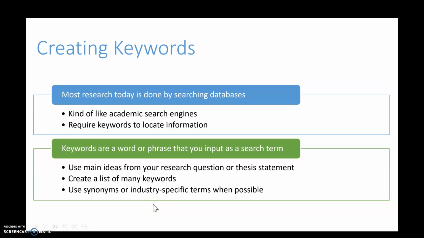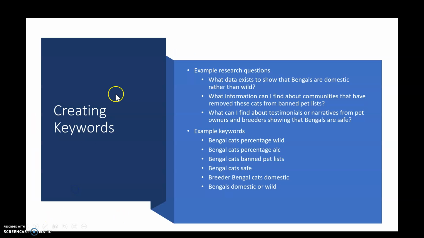So let's say you were doing research on privacy with Facebook. You might say something about PII, which is personally identifiable information, because that's the industry term for that, or terms of service or privacy policy, rather than just more general information like security, Facebook. So being as specific as possible can really help you out here.